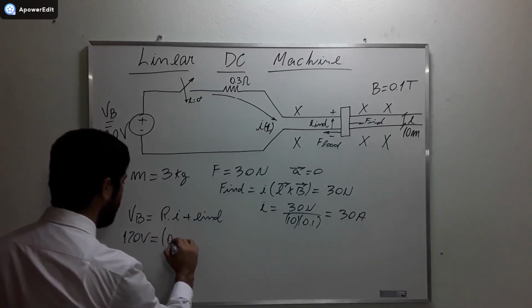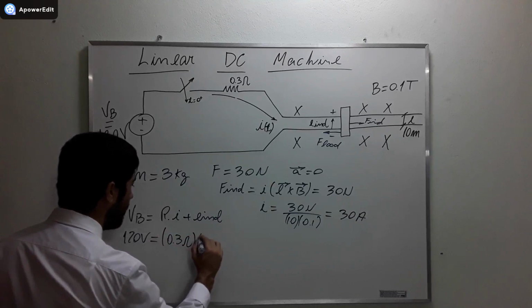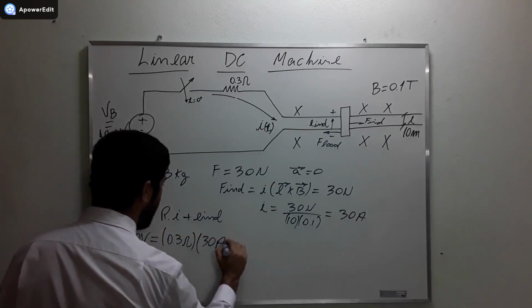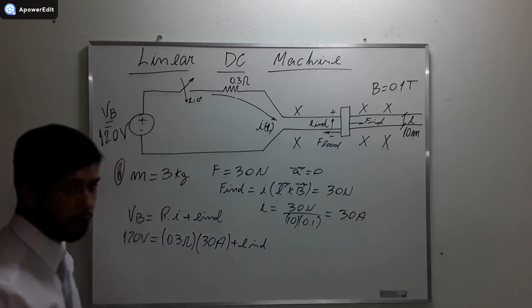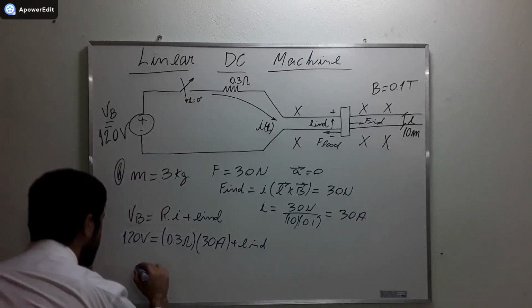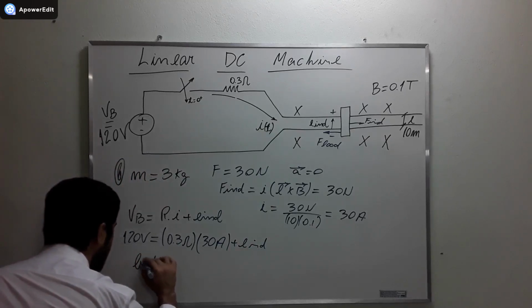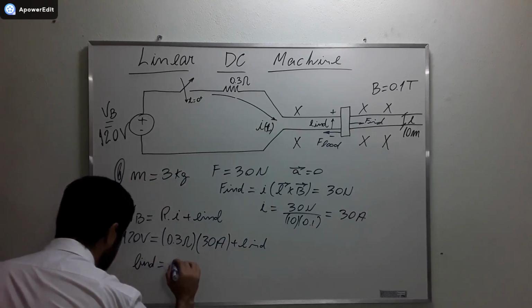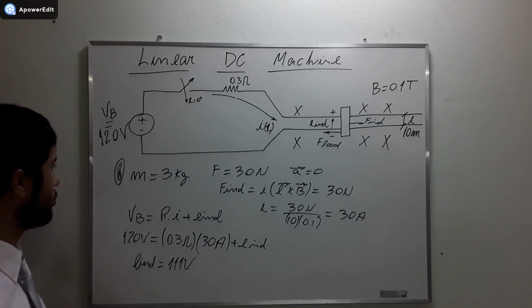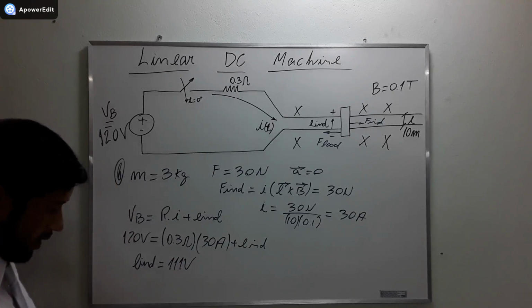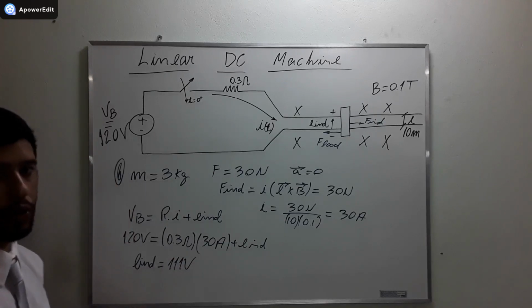Here it is 0.3 ohms. Here 30 amperes plus the induced voltage. And from this we find that the induced voltage is equal to 111 volts.